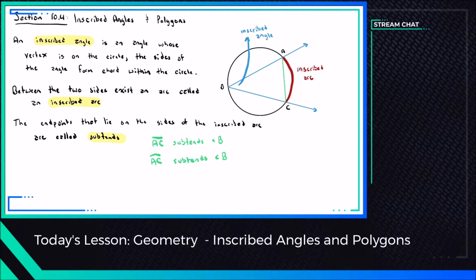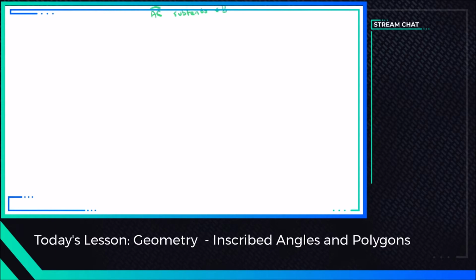Alright, so why don't we get into some measurements now? That's mainly what we're concerned about in geometry. So let's look at theorem 10.10. And that is going to be the measurement of an inscribed angle.